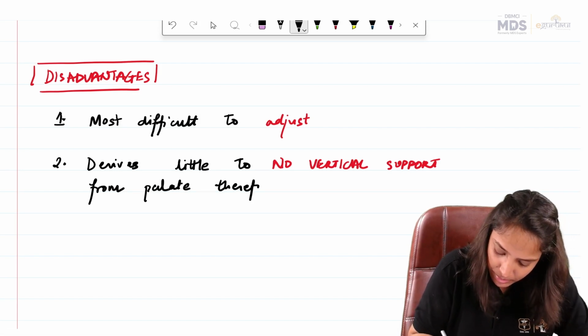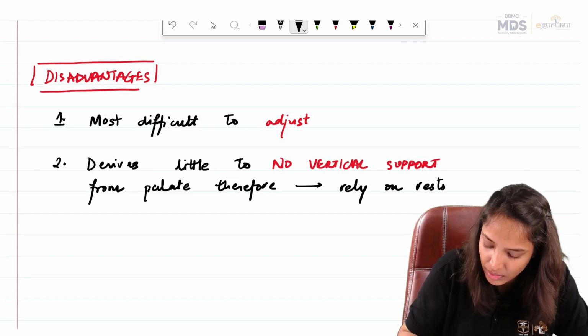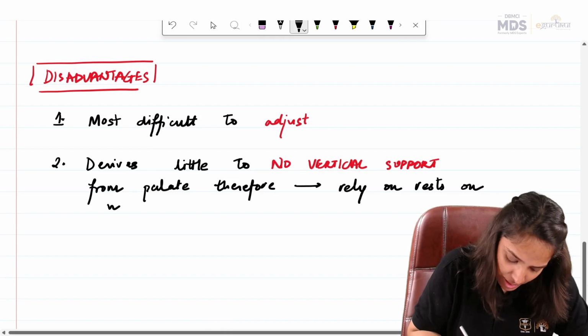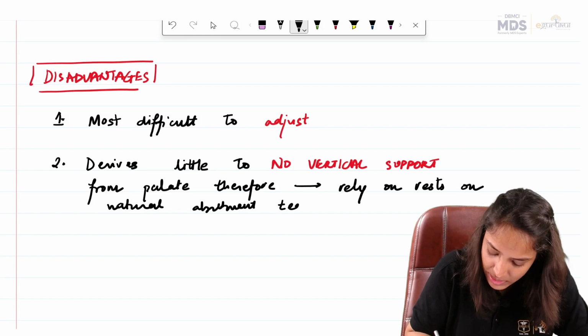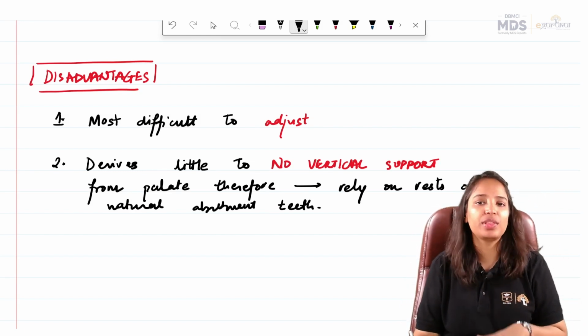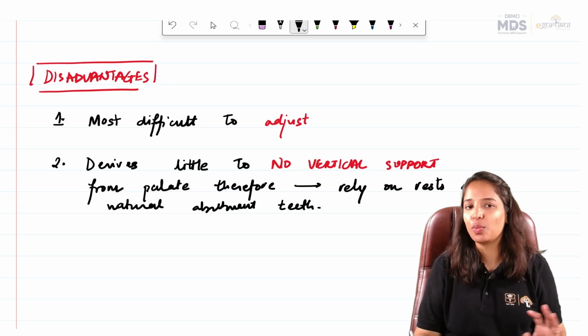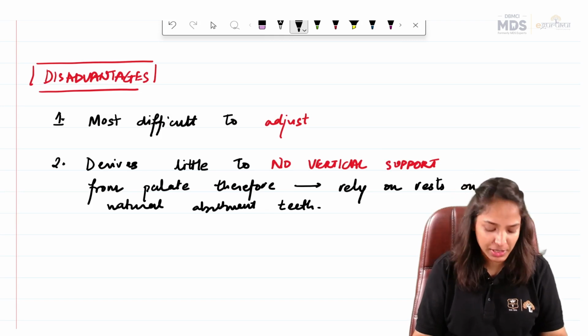Therefore, mainly it has to rely on rests on your natural abutment teeth. Since its coverage is less, its span coverage is less on the palate, it will derive little to no vertical support from the palate, mainly has to rely on support from your natural abutment teeth.